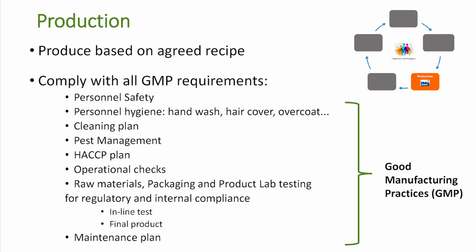product lab testing. I know that it's difficult in some parts of the world, especially where I am coming from, to have a lab in every food production, especially the small ones. But there are some minimums that need to be done. Because if you want to make a biscuit with flour, you cannot take any flour.